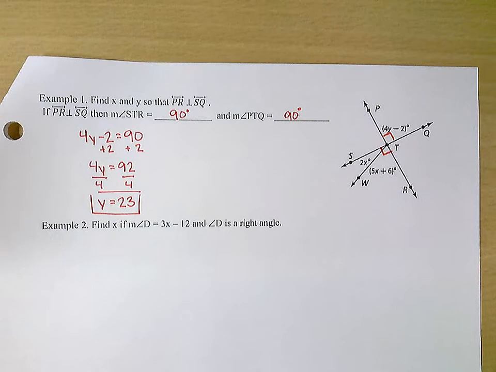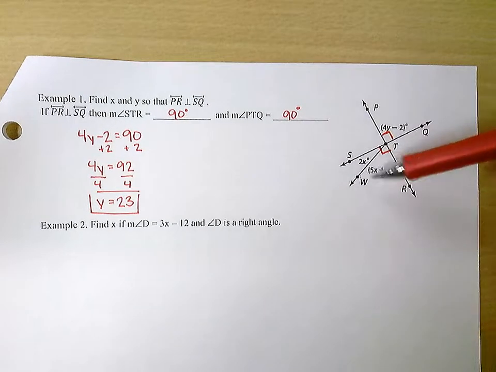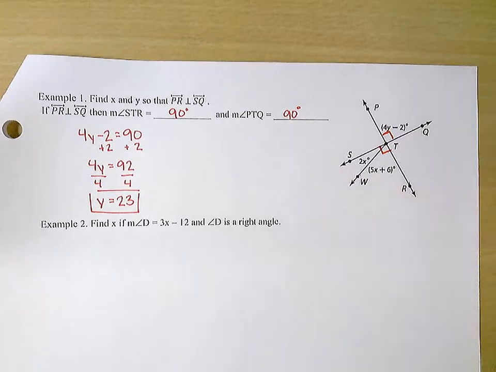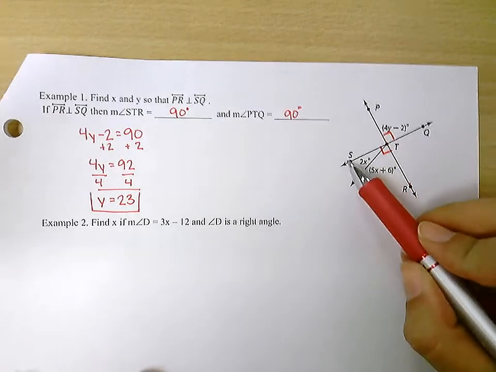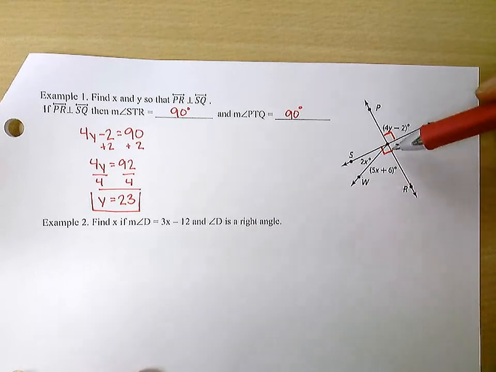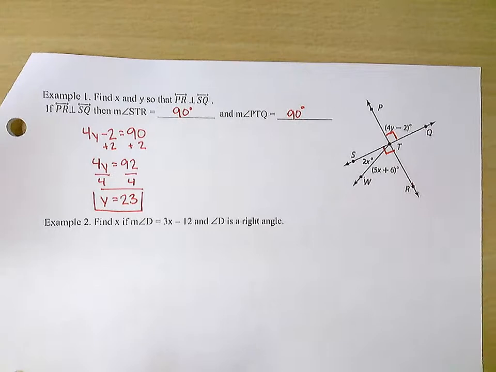Now I want to find x. I know that STW and WTR are adjacent angles. I know they're adjacent angles because they share this ray in common. Now both of those angles together have to make up STR.